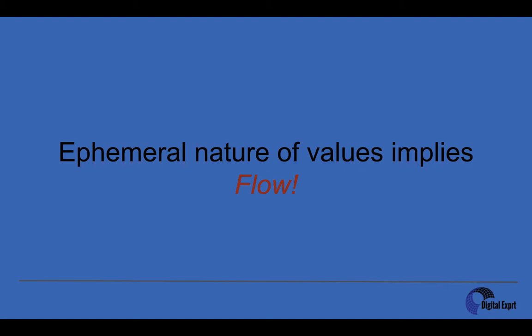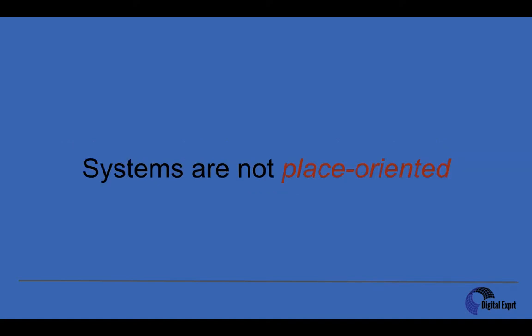And this ephemeral nature of values implies flow, so things are flowing. Which brings us to the crucial point to keep in mind: systems are not place-oriented. It is not something that has its particular address and place and it happens there. Rather, systems are flow-oriented. They're flowing and they don't have a fixed address. They're flowing from one node to another, and that's how things are getting done inside the system.